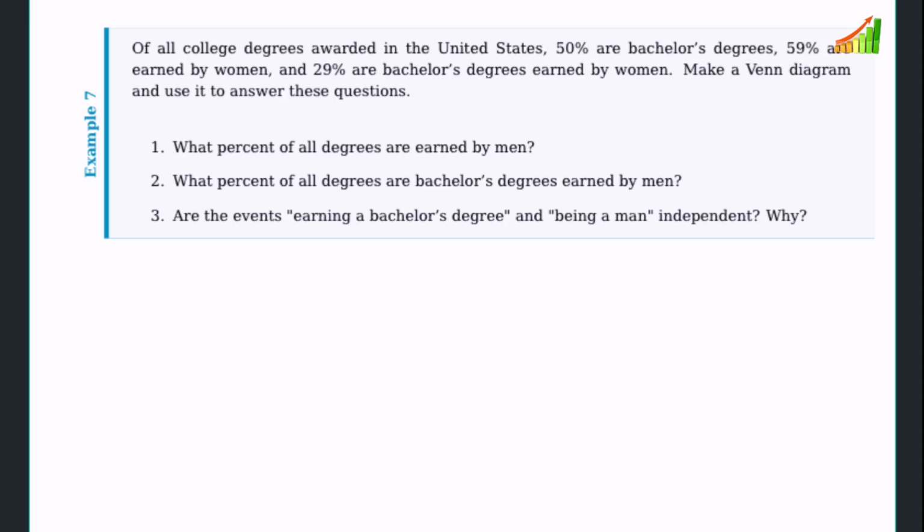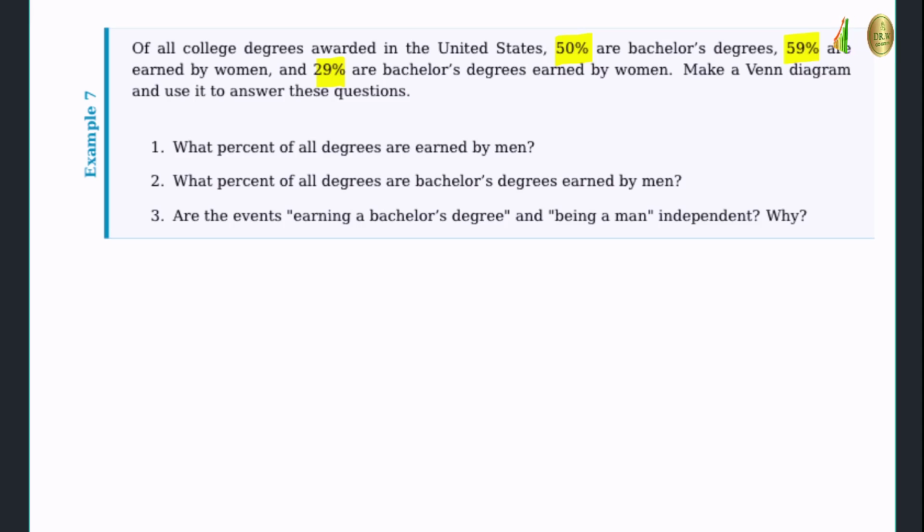Example number 7. Of all college degrees awarded in the United States, 50% are bachelor's degrees, 59% are earned by women, and 29% are bachelor's degrees earned by women. Make a Venn diagram. To make a Venn diagram, first we need to understand how many events we have here.